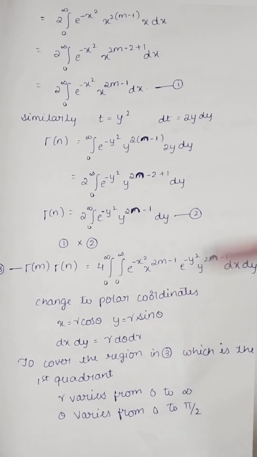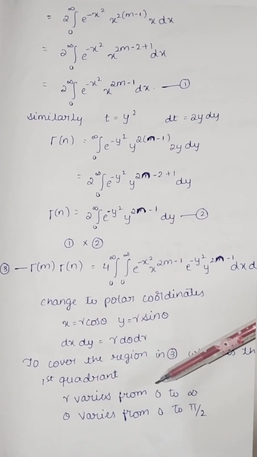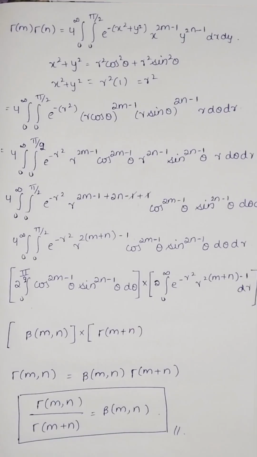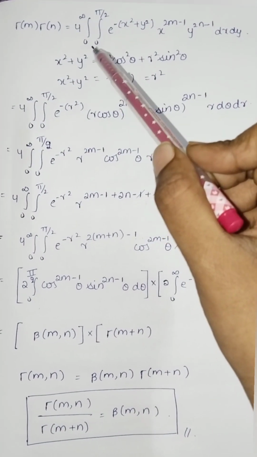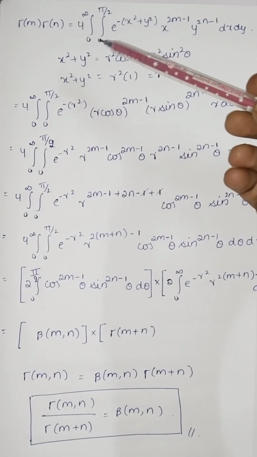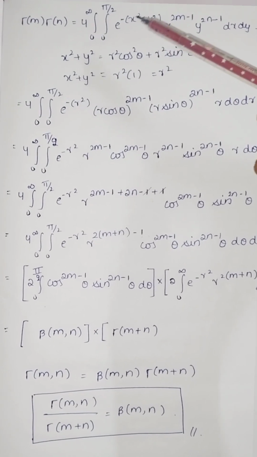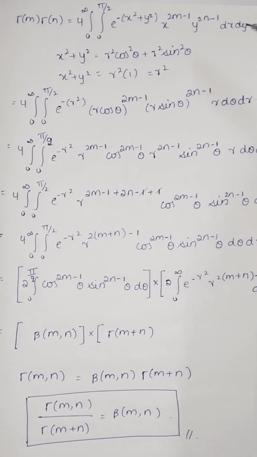And the limits also vary: the radius r varies from 0 to infinity and theta varies from 0 to pi by 2. And gamma of m into gamma of n is equal to 4 into, as the limits varied, 0 to infinity and 0 to pi by 2, e to the power minus x square plus y square into x to the power 2m minus 1 into y to the power 2n minus 1 dx dy.